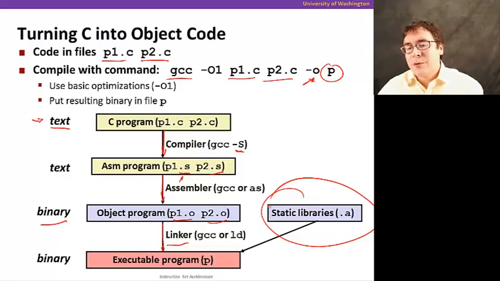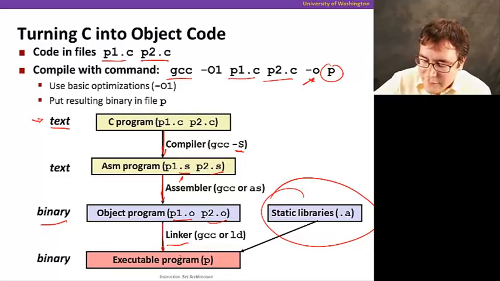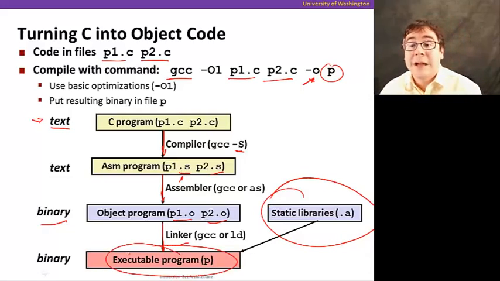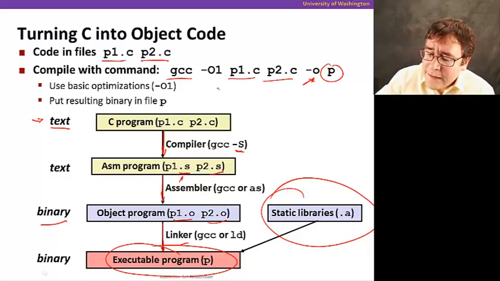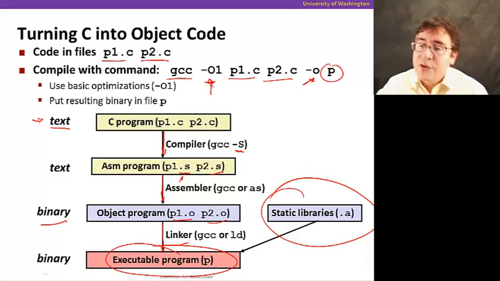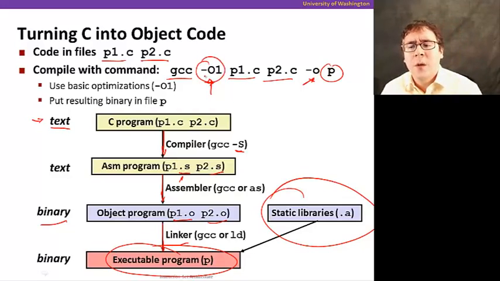This all resides in libraries. The linker gets together the object program, links it with the libraries, and produces a final executable program. That's what you can type and run in the command prompt. And in this case, we're also using an optimization. This -O1 here is just telling the compiler to apply some optimizations to our code when generating it.